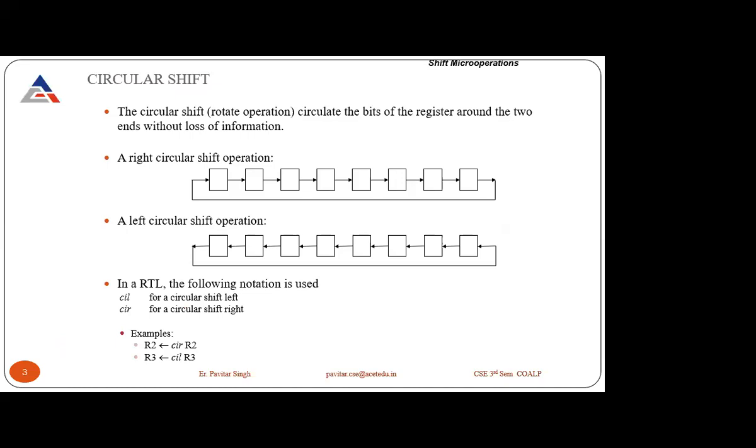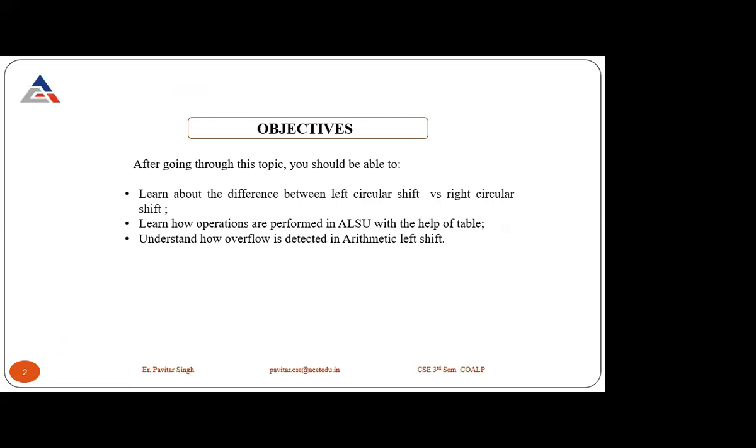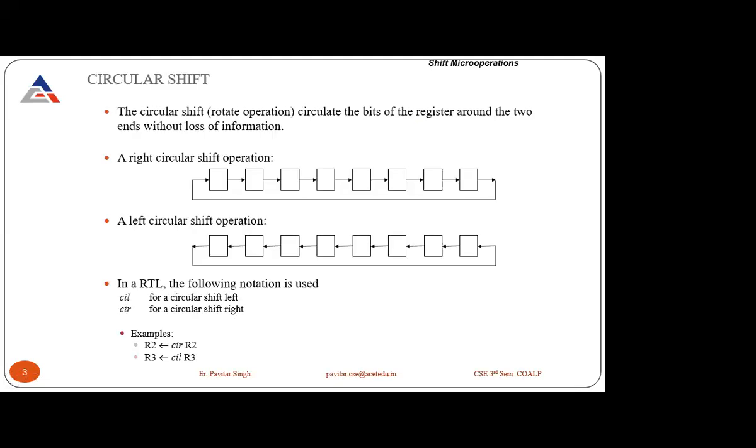The objectives of this PPT will be, so you should be able to learn about the difference between left circular shift and right circular shift, learn how operations are performed in ALSU with the help of table, and understand how overflow is detected in arithmetic left shift. Right? Let's proceed. So next we have circular shifts.